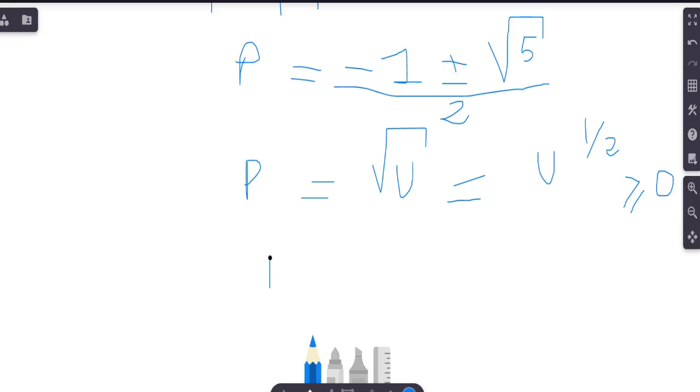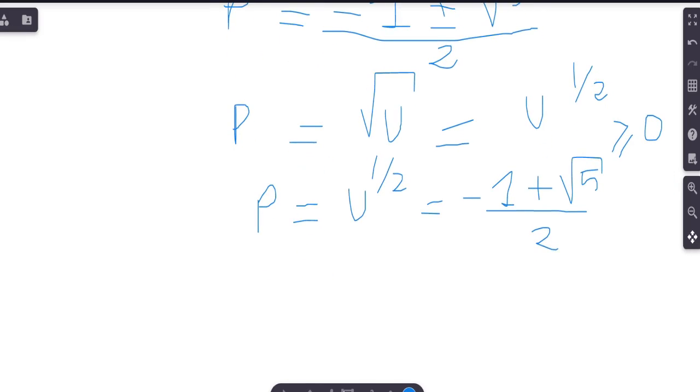So p equals u to the 1/2. Let's call it P1 instead of p. Let's replace u by 256 to the power a, all to the 1/2, which equals P1.